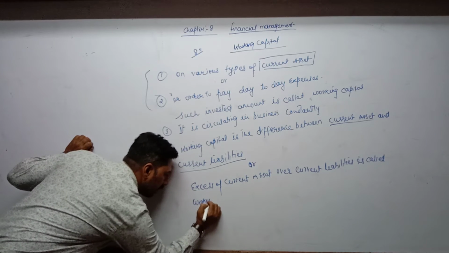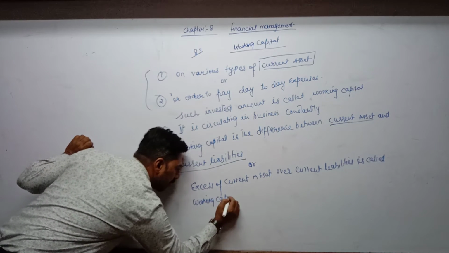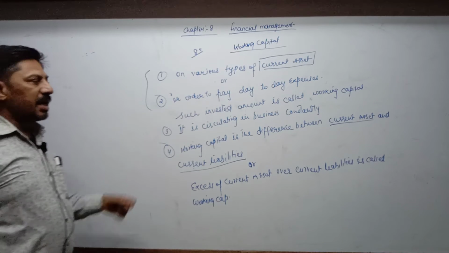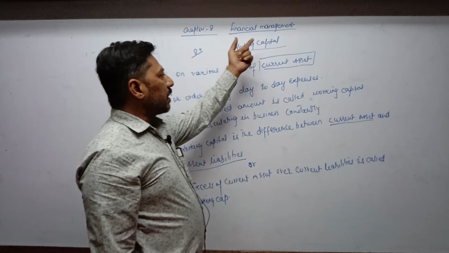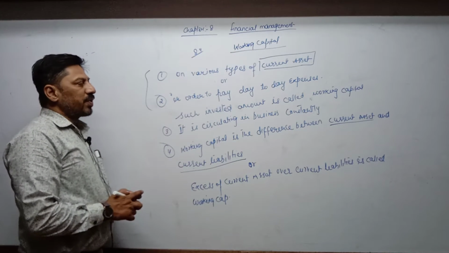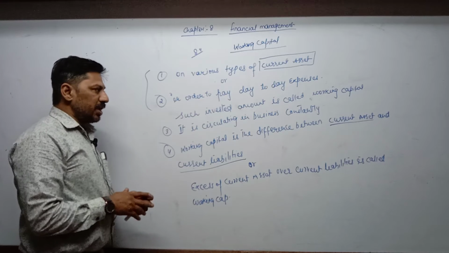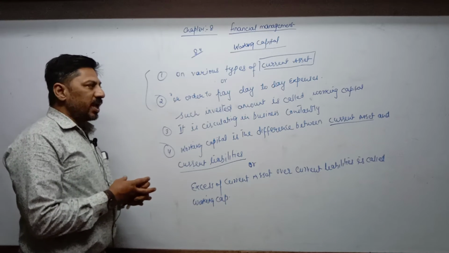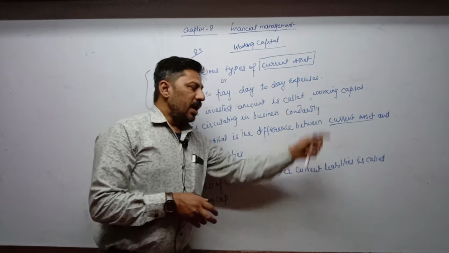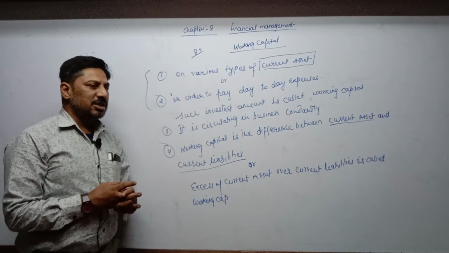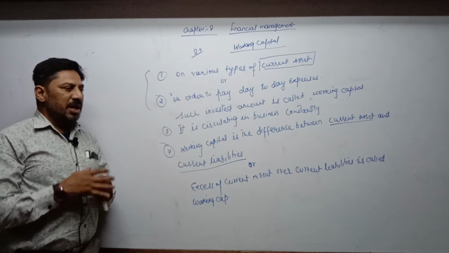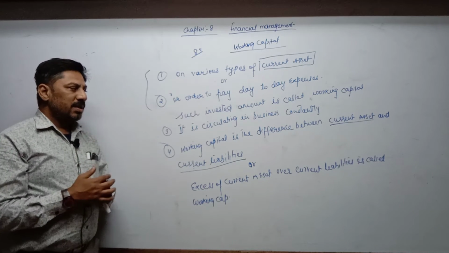So in any way you can define working capital. Once again, working capital is that invested amount which is invested on various types of current assets or which is utilized in order to pay day-to-day expenses. Such invested amount is called working capital, and working capital circulates in business constantly, or we can say the value of current assets and current liabilities changes constantly.